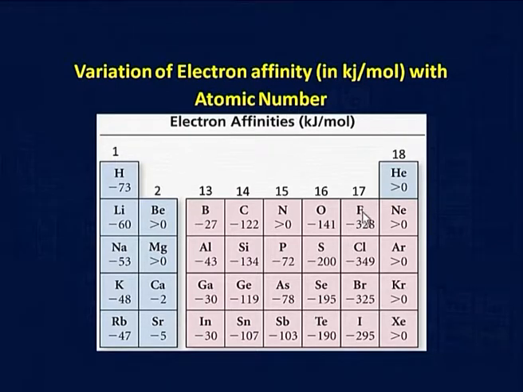This is because of the small size of these atoms, particularly nitrogen, oxygen or fluorine. When an extra electron is added to their outermost shell, there is electron-electron repulsion. Due to this, they have least tendency to accept the electron, and they have very low value in comparison to the next element. So, this is what we find in the case of values of electron affinities.